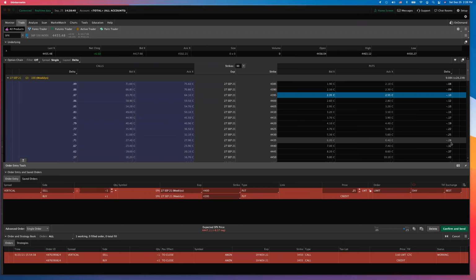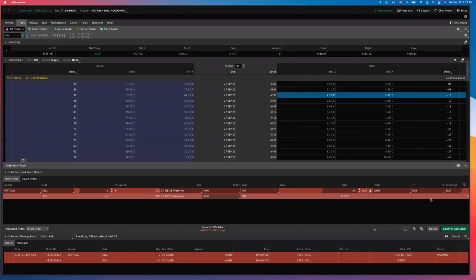Is this worth it? Probably not, because 25 cents is too miserable. Can't even buy it back for anything. Maybe let it expire worthless. But we'll just assume that our example gives us a decent profit. Let's say we sell it for 75 cents, right?